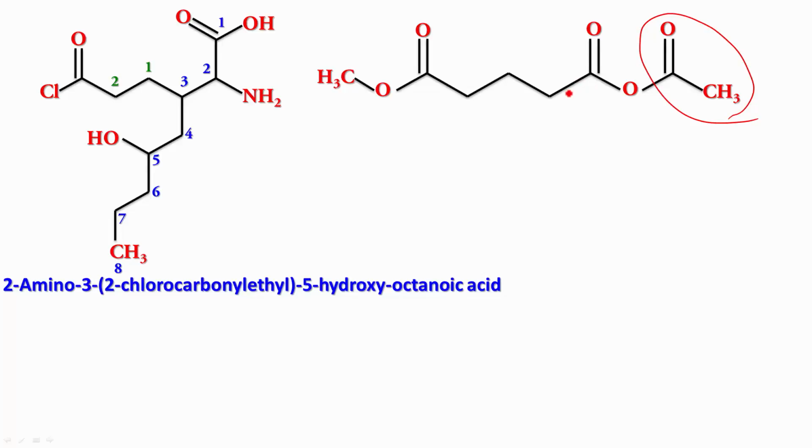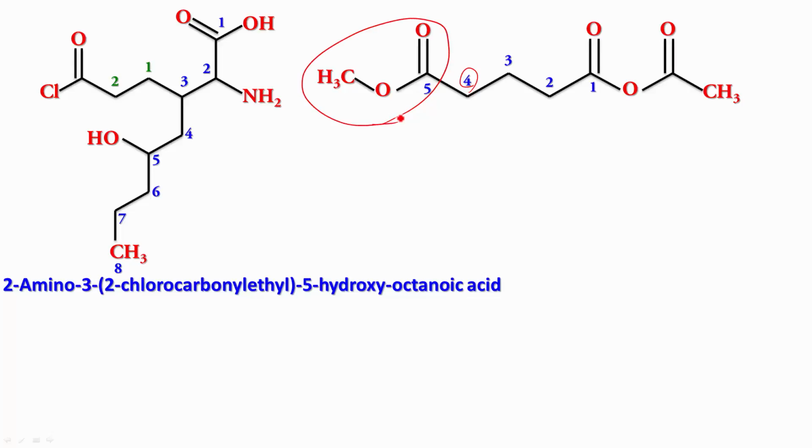Now, this has to be numbered. So, 1, 2, 3, 4, 5. Now, remember, in this case, I am numbering even this. Otherwise, if I number only till 4, I can call this entire thing methoxycarbonyl. But since we've already done that, I'm using a different version now. I'm numbering this 5 and I'm going to call it oxo.